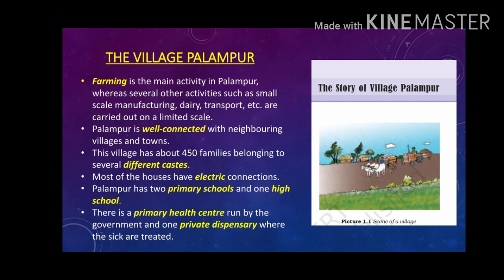Palampur has 2 primary schools and 1 high school, which is a good thing for a village to have. And then there's a primary healthcare center run by the government, and 1 private dispensary. So after reading all this, you can have an idea of Palampur, that though it's a village, it has got the basic amenities and facilities.